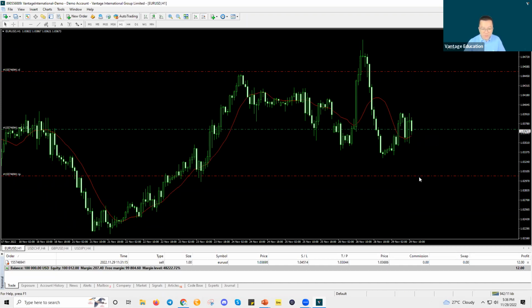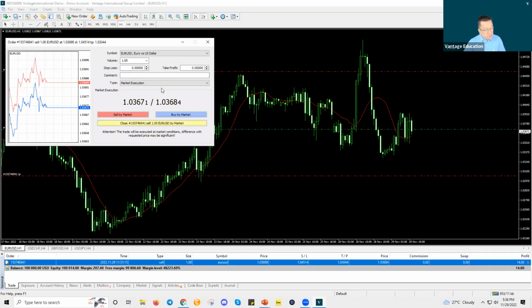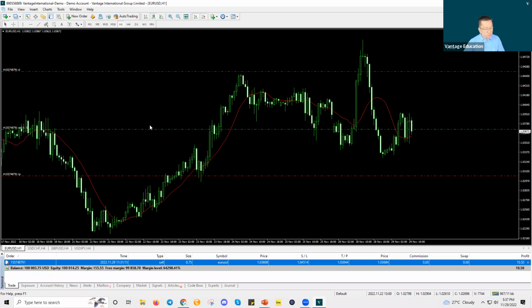There were questions about how you close out for partial profit. What you could do is, this is one standard lot. You could just go in here and change it to, let's say, 0.25. So you would have closed out 0.25, which leaves, in this case, 0.75 of your trade to try and continue towards the downside.